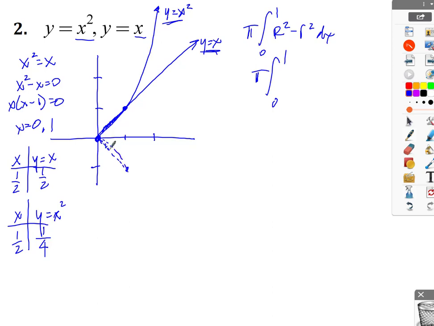So if I made a sketch of this, it basically looks like this. So it's basically going to be a cone with a tornado, basically a tornado bore out of the cone. Okay? So big R is going to be defined by this one. That's the one that's on the outside, because they're both going to be variables now. So big R is going to be defined with the radius of x.